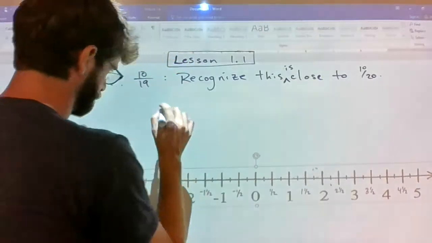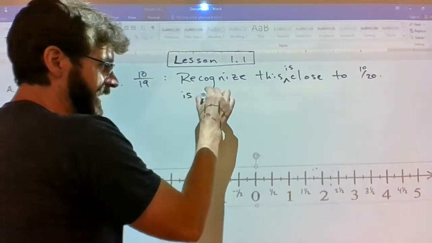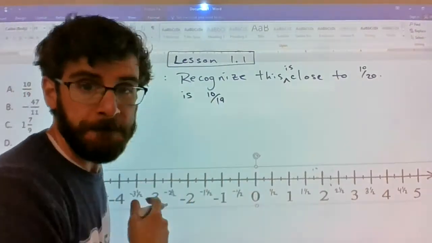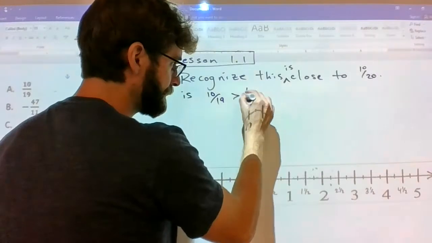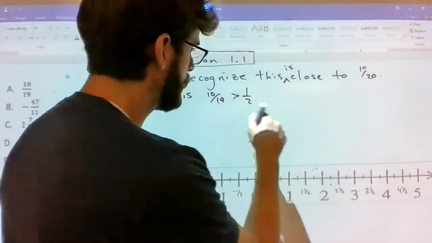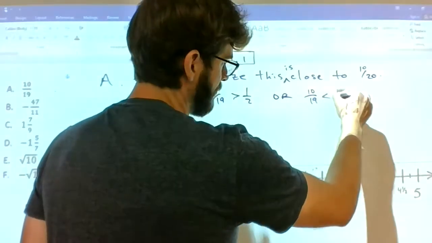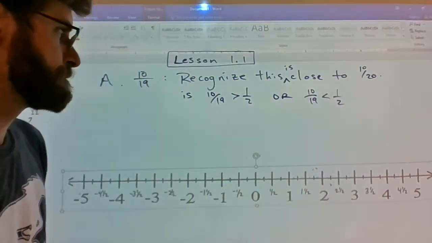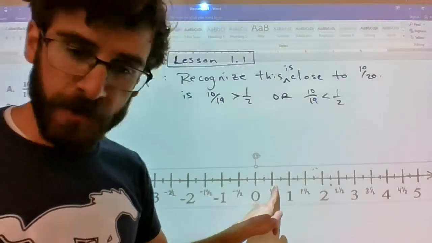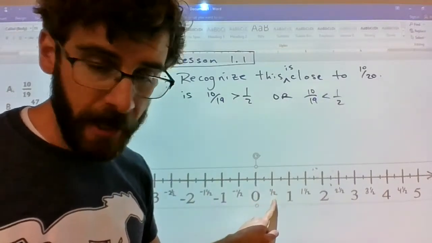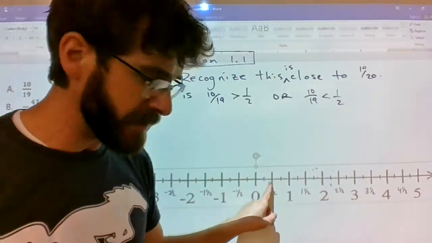So, is 10 over 19 bigger than a half? That's our symbol for greater than. Or is 10 over 19 less than a half? Because bigger than a half would mean it would go slightly to the right of this spot on the number line. Less than a half means it would go slightly to the left of it.